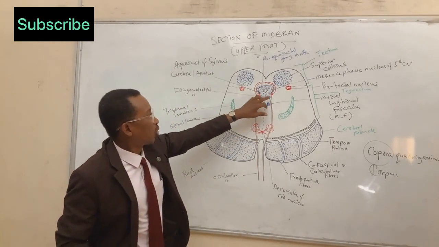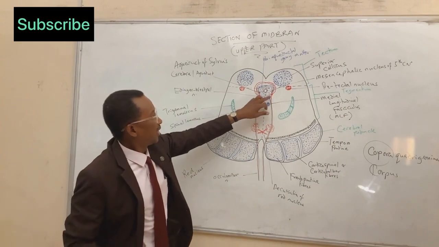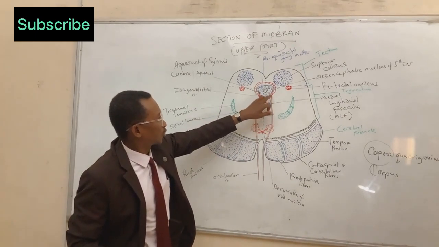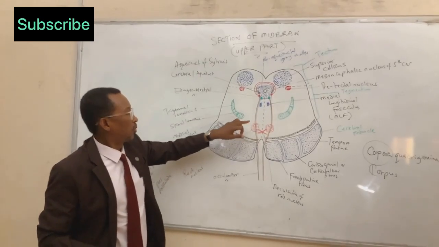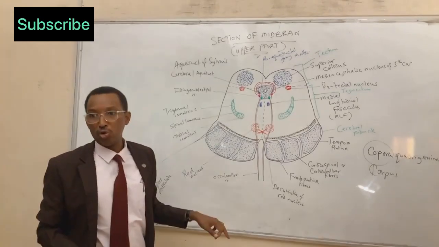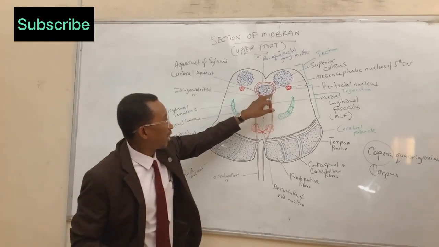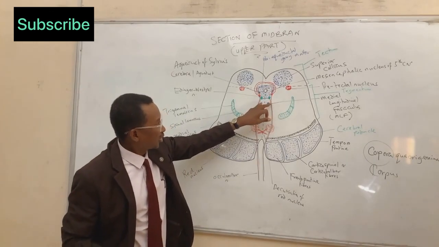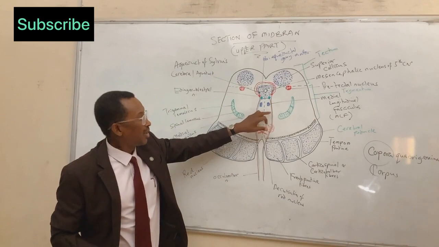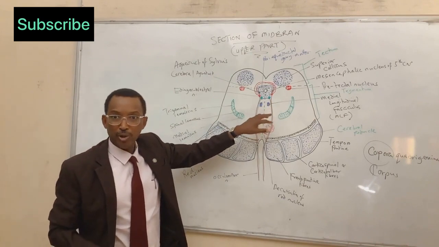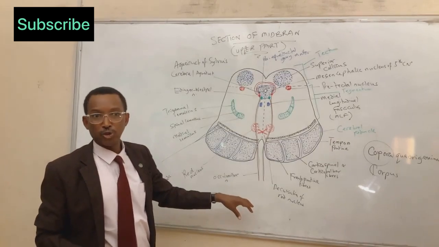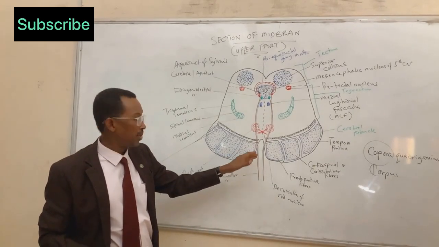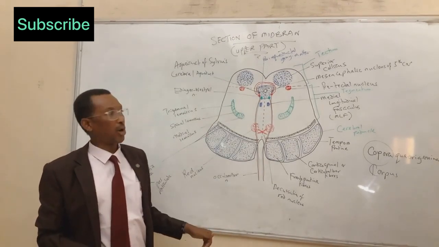Its fibers join the fibers of the oculomotor nerve, blending with them, and the whole bundle of axons forming the oculomotor nerve comes out of the interpeduncular fossa.